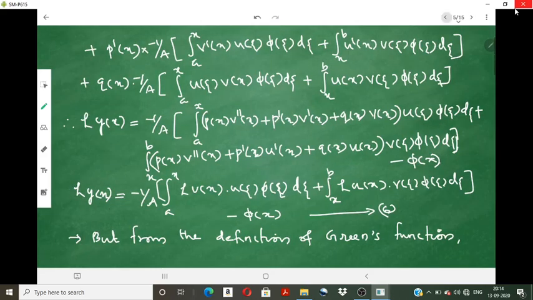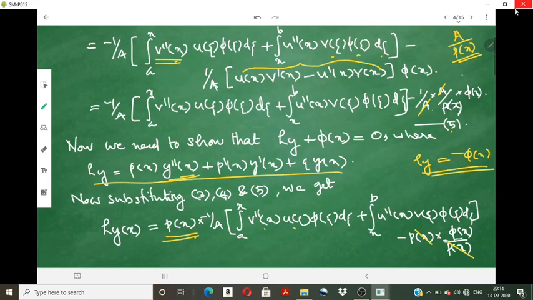Plus then p of x into y double dash, plus the next term will be p dash of x into y dash of x.